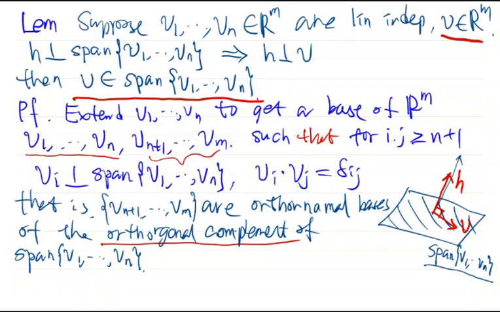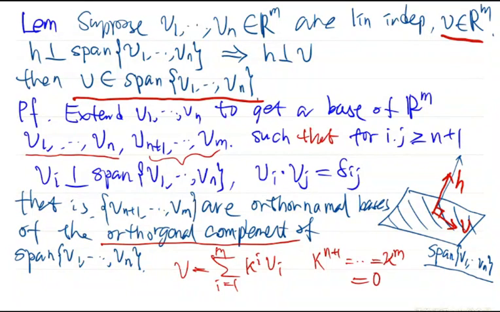How to do this? Obviously we can write V to be a linear combination of the basis vectors Vi. Then we want to prove that kappa n+1 until the last one are all 0.